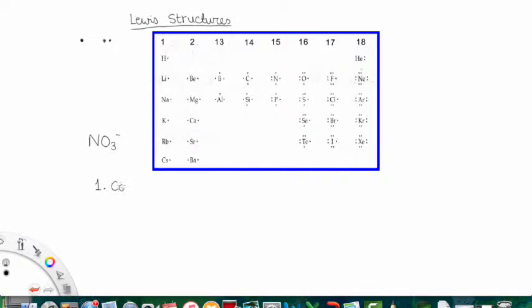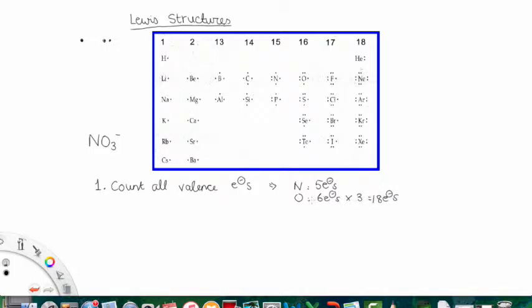Step 1, count all the valence electrons. So let's do that for NO3-. Nitrogen has 5 valence electrons. Oxygen has 6 valence electrons, and we have 3 of them. So let's do times 3, and we get 18 electrons.